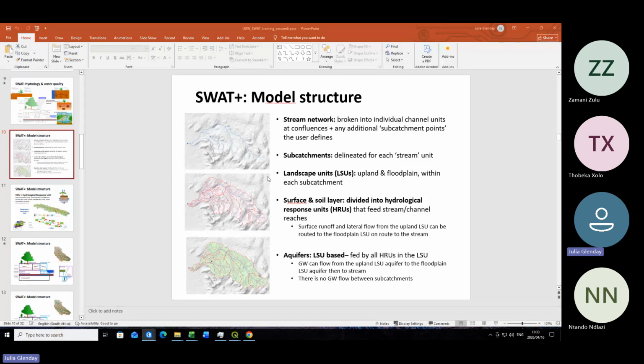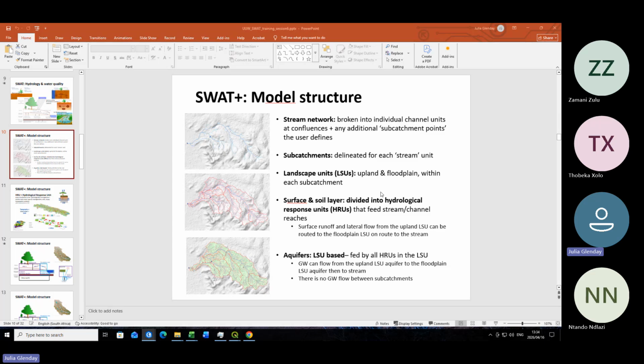All right. So just to get us started again, to think about this modeling. We spent the last sessions getting to know the SWAT model and how it does things, how we put it together. As a quick overview, we set up the model as a structure with a stream network that's fed by subcatchment areas, and the subcatchments are broken up into upland and floodplain landscape units that are in turn broken up into hydrological response units, or HRUs.